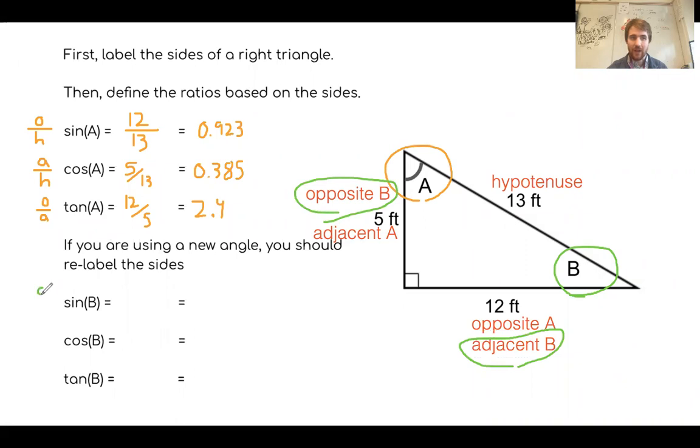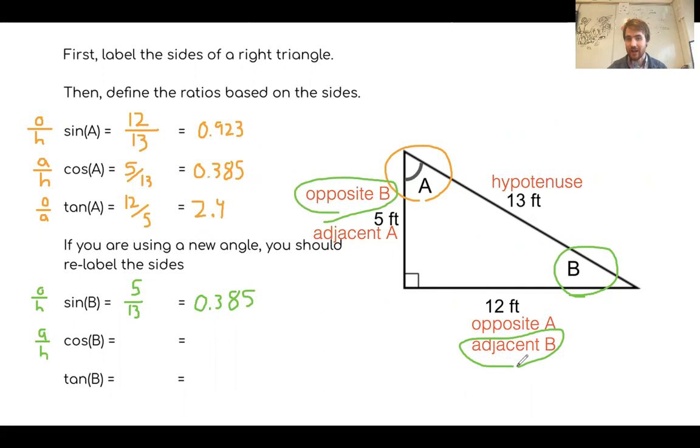So sine is opposite divided by hypotenuse. Now the opposite side is here. It's 5 feet. So it's 5 divided by 13, which is the hypotenuse. We already did 5 divided by 13. We got 0.385. Now cosine, adjacent divided by hypotenuse.